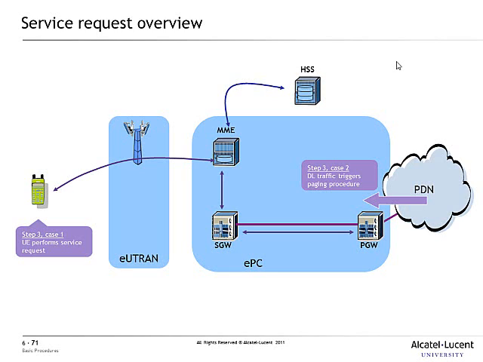The other possibility, and that's given on slide 74, is a network triggered service request. In this case, when the mobile is in idle, we only know at which tracking area the mobile is located. We don't know at cell level where a mobile is.